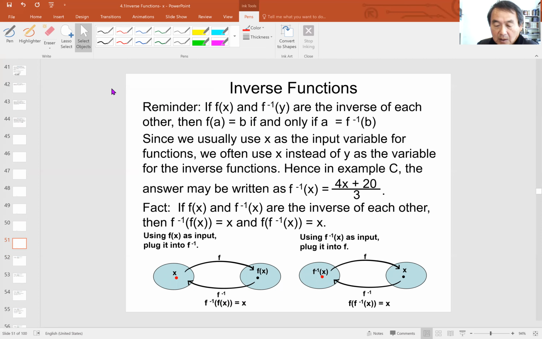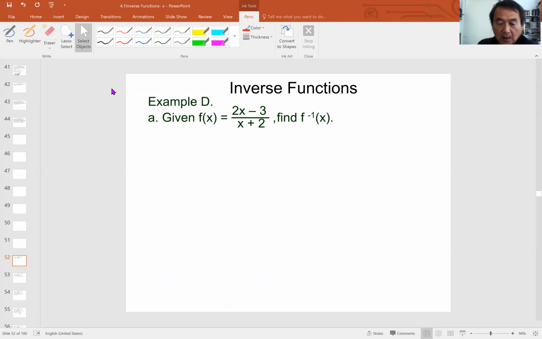And where's the algebra? Here comes the algebra. This is probably the most common algebra for playing around with inverse functions. In algebra, there aren't that many examples you can really calculate. Some basic cubics and these ones.